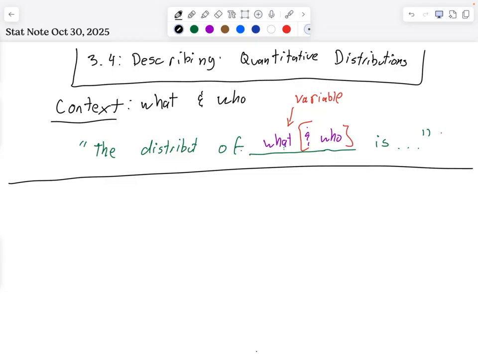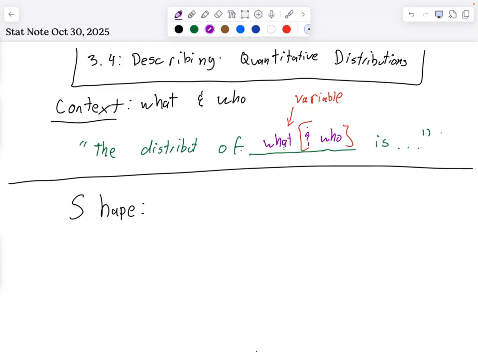If I gave you a histogram and I said, what does it look like? We were describing the something. The first one was shape. The first thing that we did was shape.